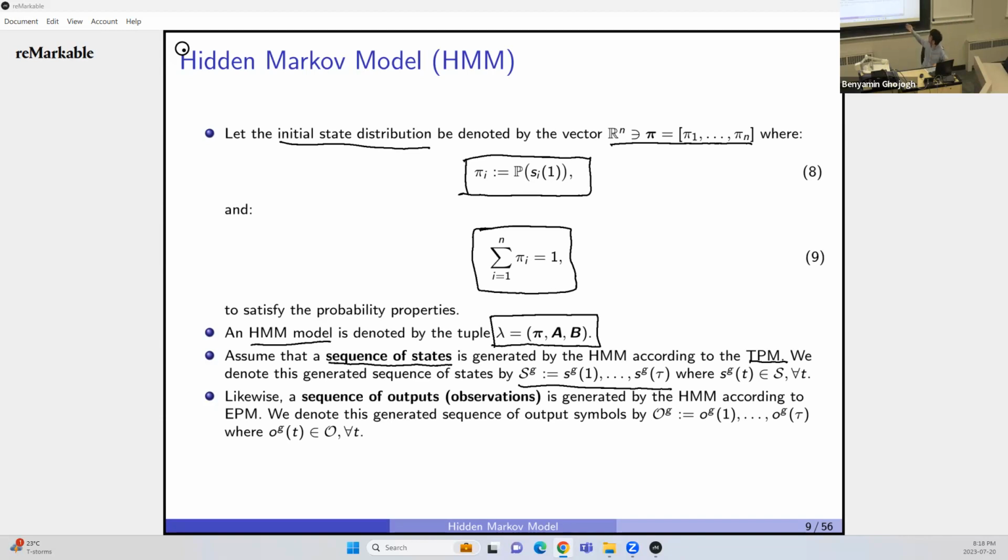So SG1 to SG tau, where SGt at every t belongs to one of the states, the set of states S. Likewise, a sequence of outputs or observations is generated by the HMM. So this is a sequence of states, and this is now a sequence of observations. I denote it by OG1 until OG tau, where OGt at every time t belongs to the set of observations O.